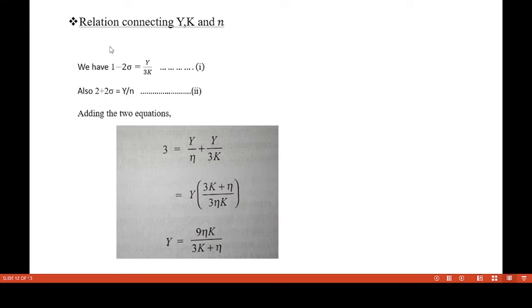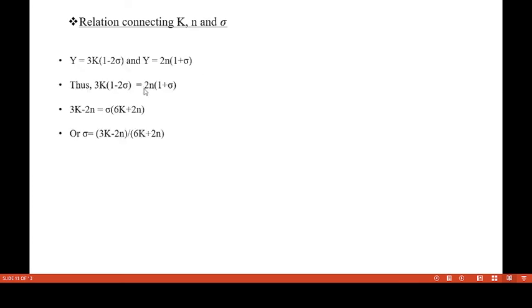Now we will obtain the relation connecting Young's modulus Y, bulk modulus K and rigidity modulus n. We know from these two relations that 1 minus 2 sigma is equal to Y upon 3K, and 1 plus sigma is equal to Y upon 2n.